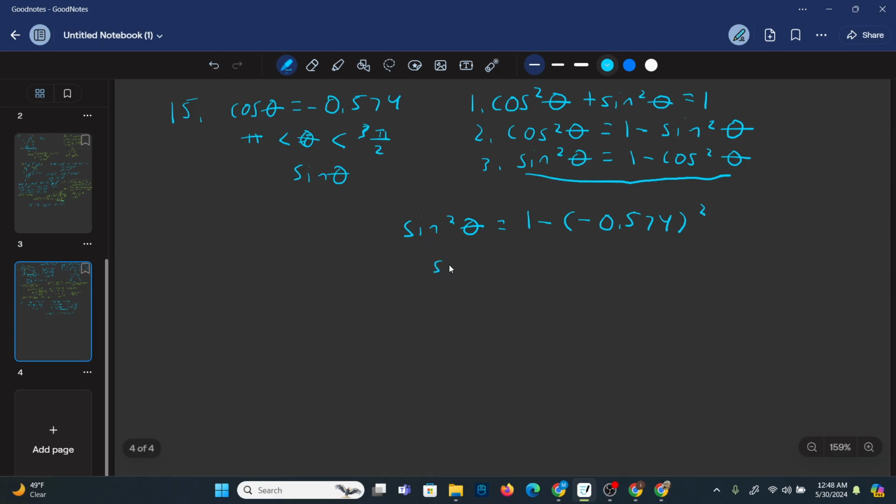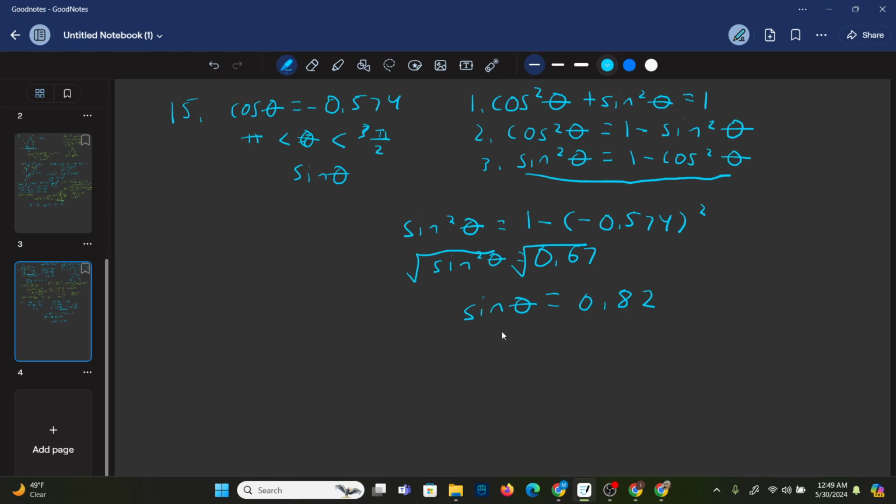And so we would just simplify this with our calculator. And we get 0.67. We just take the square root and we get sine theta equals the square root of 0.67, which equals 0.82. And that is how you do it.